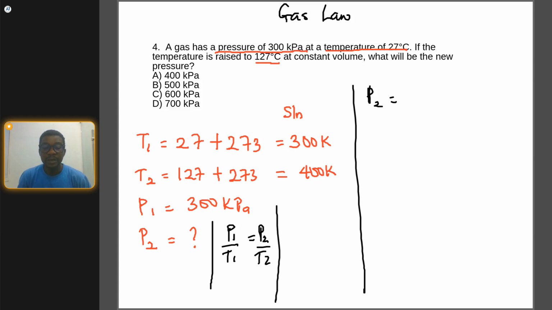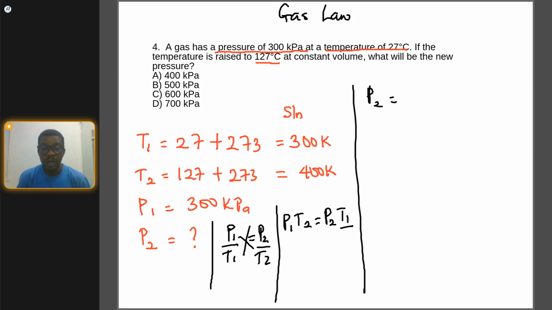Now, making P2 the subject of the formula, we need to cross multiply. That will give us P1 T2 equals P2 T1.